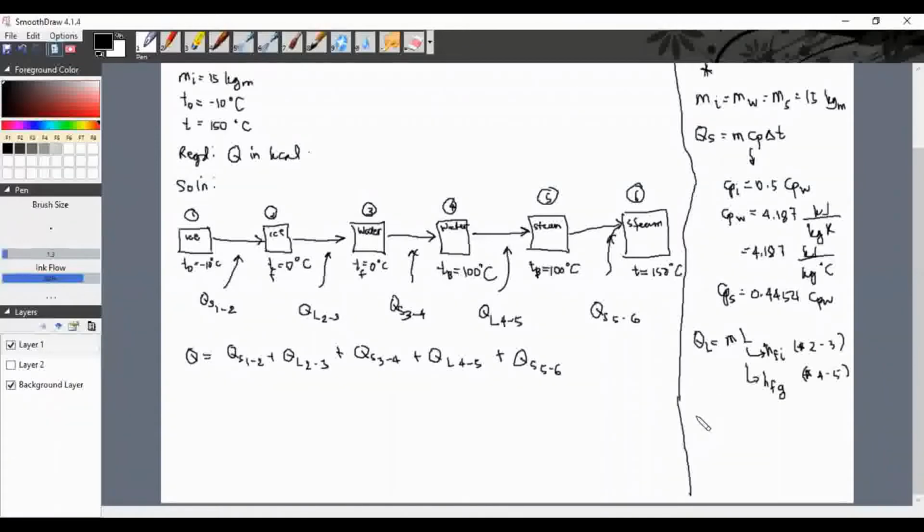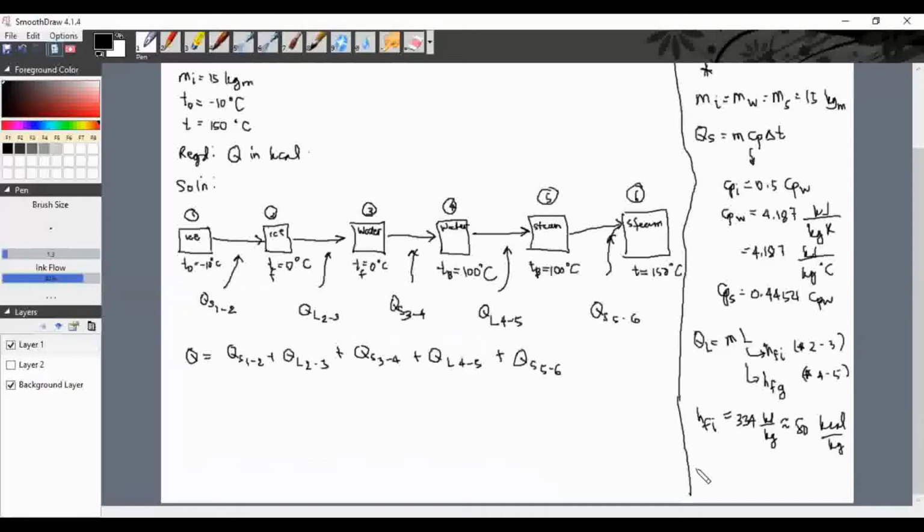So, yung value natin, we have latent heat of fusion. We have approximately 334 kilojoules per kilogram, or yan ay equal sa, let's say, 80 kilocalories per kilogram, since kilocalories yung requirement.